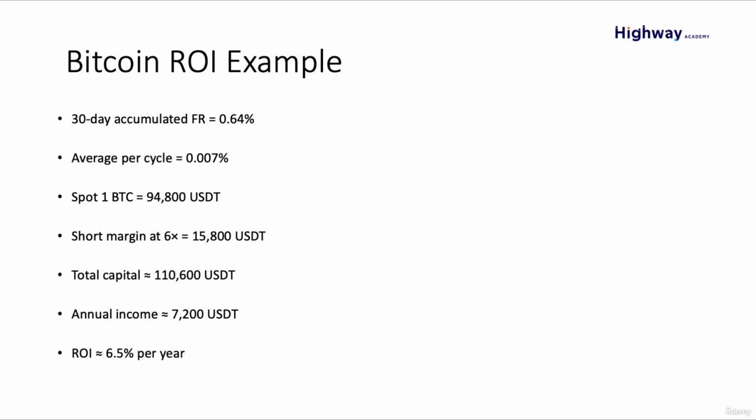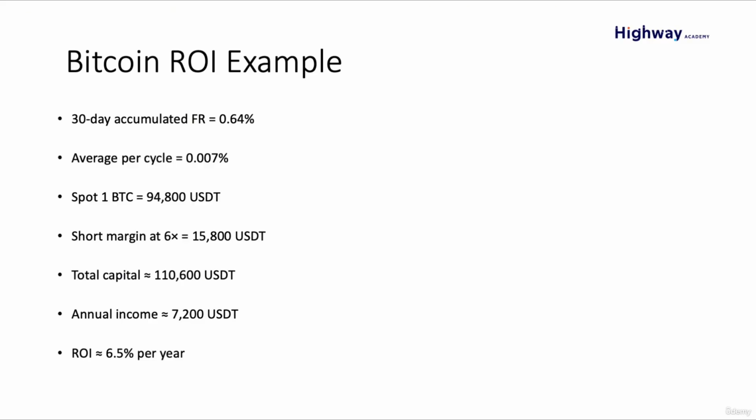If Bitcoin's spot price is 94,800 USDT and you buy 1 BTC on spot, you must deposit the full 94,800 because spot trading has no leverage. To hedge this with a delta neutral short position on the futures side, you need around 15,800 USDT in margin at 6 times leverage.